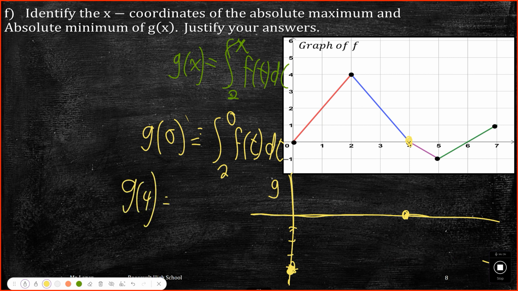G of 4 would go from 2 to 4 of f of t dt. That one's positive, it's 4. It's somewhere up here: 1, 2, 3, 4.